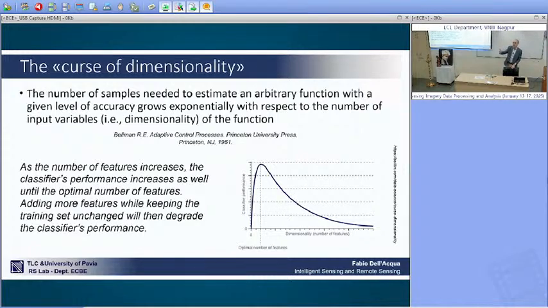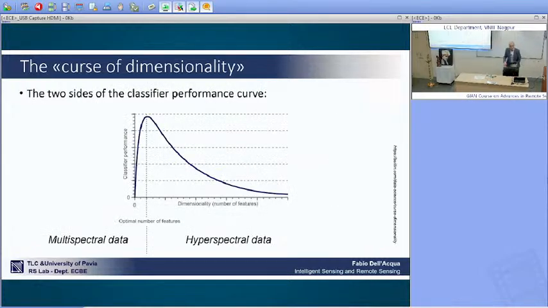Why should I bother gathering so many bands to then throw away some of them? Professor Lal, in his previous lecture, briefly touched on this. Okay, we'll make a connection on that. Okay, so as I said, multispectral data is here, hyperspectral data is here.